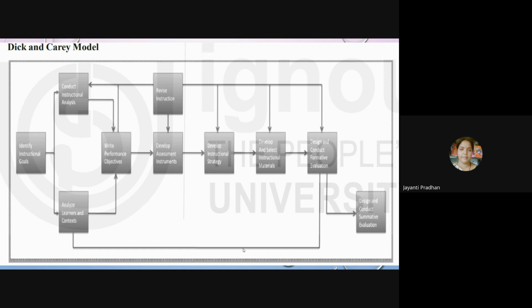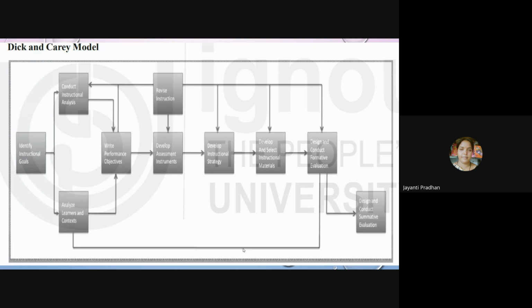Then instructional analysis: what learners know and must recall, what they must be able to do, and determine what the previous knowledge is and what is to be learned new. Analysis of learners means learning level, analysis of need, interest, strength, weakness, experience or previous knowledge. We analyze all this, and also analyze the learners' context.